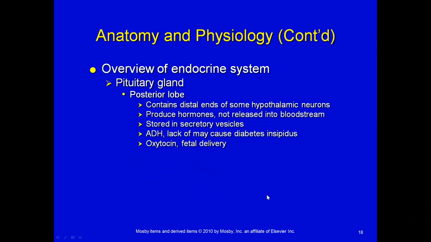The posterior lobe of the pituitary gland contains distal ends of some hypothalamic neurons that produce hormones that are not released into the bloodstream, but they're stored in secretory vessels. And they include things like the antidiuretic hormone, which lack of may cause diabetes insipidus that we'll talk about, and oxytocin, which is stored and released if there is a need to stimulate fetal delivery or to stimulate contractions.